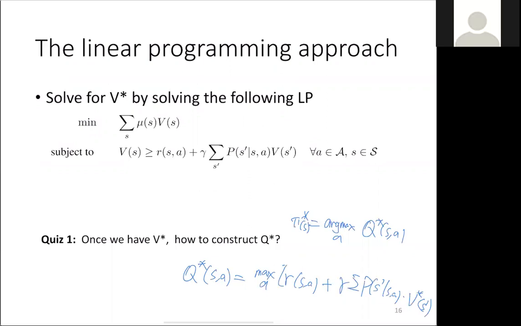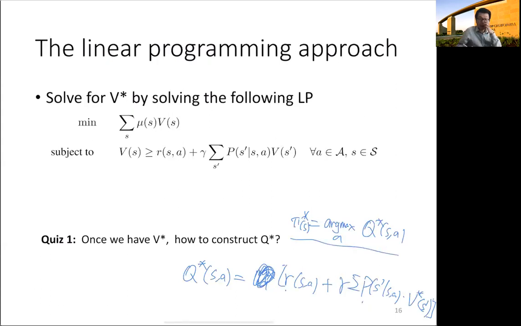So no, there is no max over A. Oh yeah, that's right. Thank you. Yeah, so by simply plugging in our knowledge of the reward and the transition kernels, we can convert V star to Q star. And then that gives us the optimal policy.